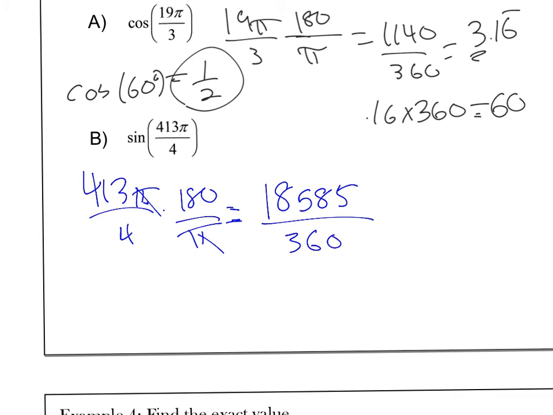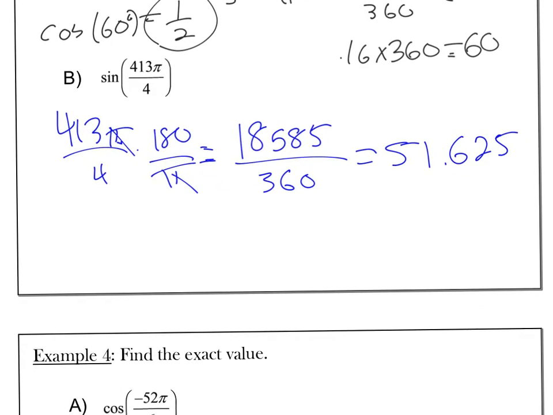Divide that by 360. You're looking at 51 rotations times 0.625. All right, so 51 rotations times another 0.625, so over halfway around the circle. Doing that gives me 225 degrees.